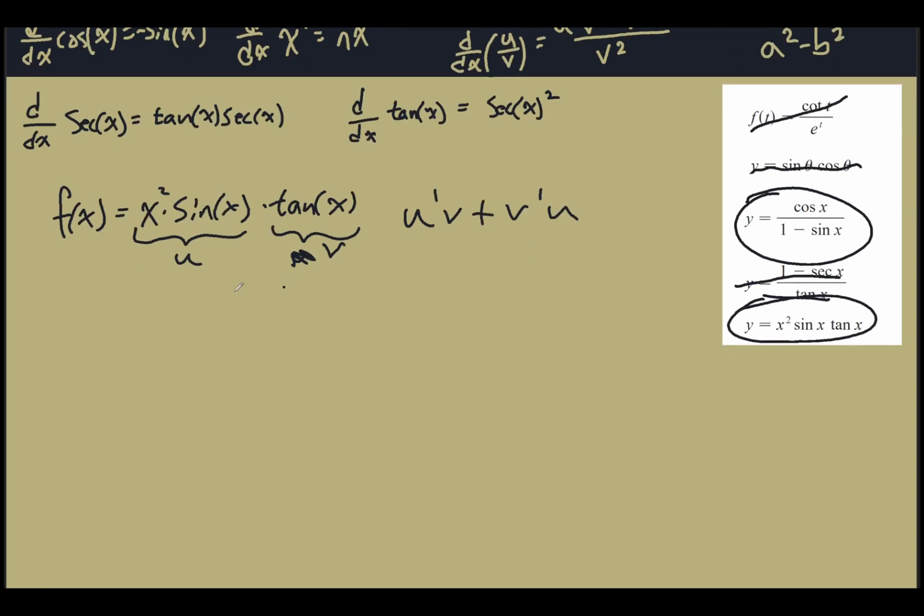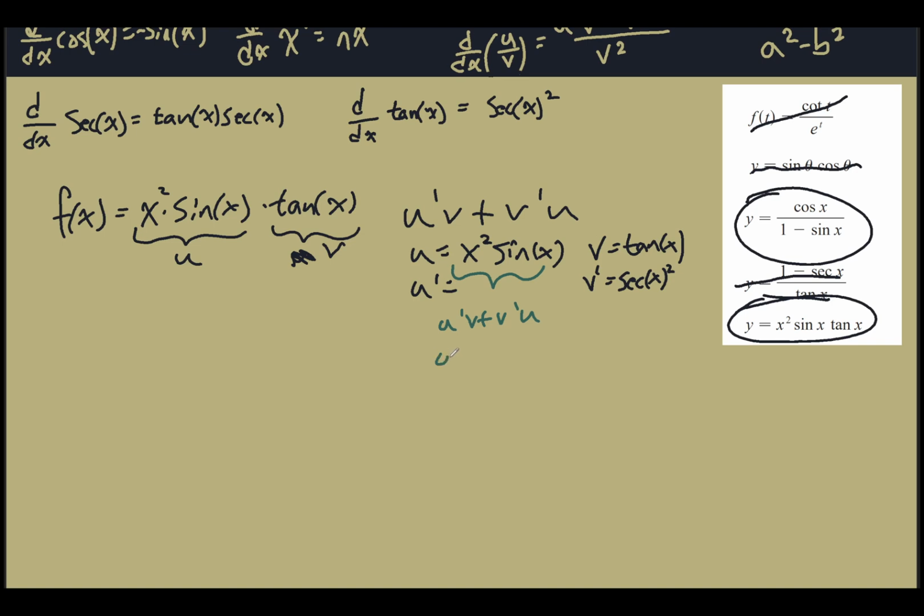Moving too fast. Okay, so for this here, we need u, which is x squared sine x, and then our v is tangent x. V prime we know is secant squared, and u prime is going to require another product rule.